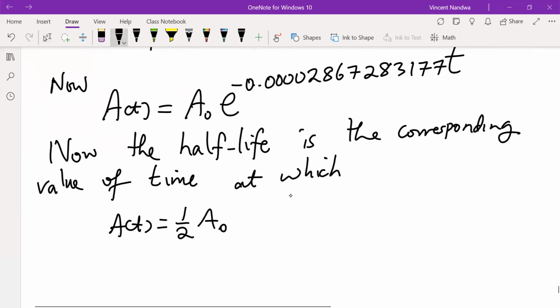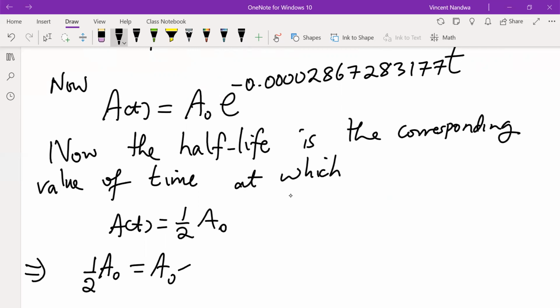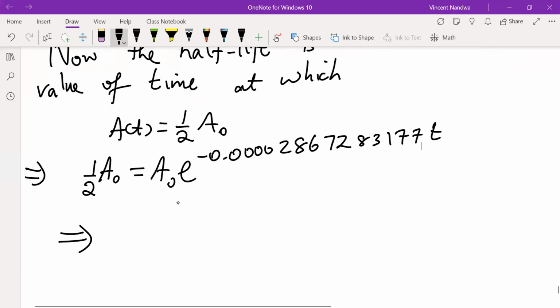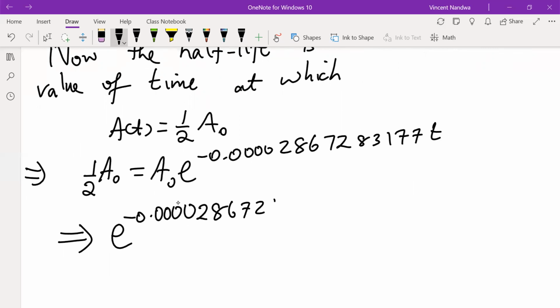So if I replace a half A naught into this solution, I should get a half A naught equals A naught e raised power negative k t. Dividing through by A naught, we get e raised power negative k t equals a half.